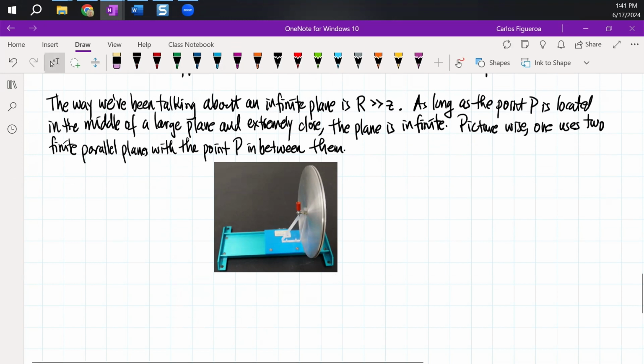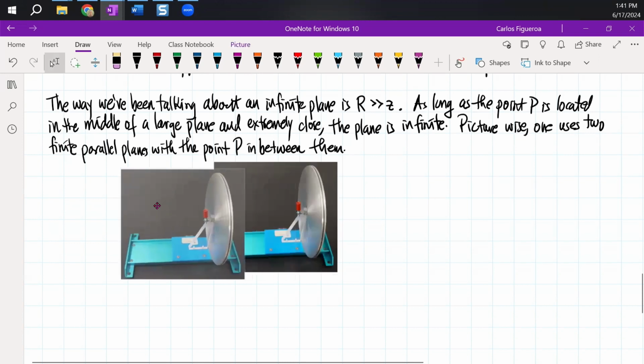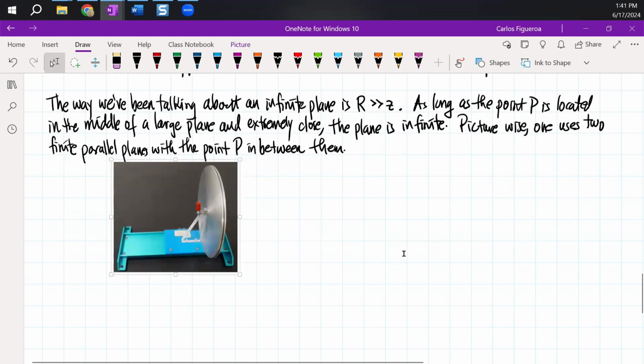And to show you what I mean, imagine that I have two plates. The picture that I'm really trying to show you is that yes, I have two plates like this and they're vertical, but I'm going to draw them horizontally. I need to draw them as close as I possibly can. So I imagine two very, very long plates.